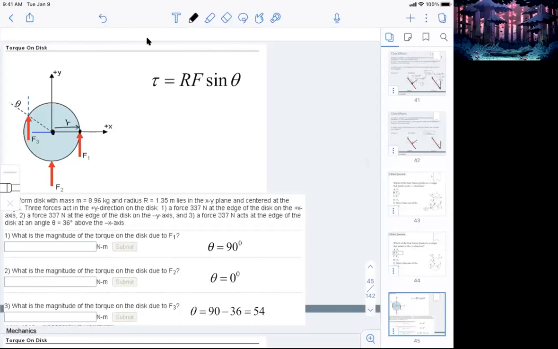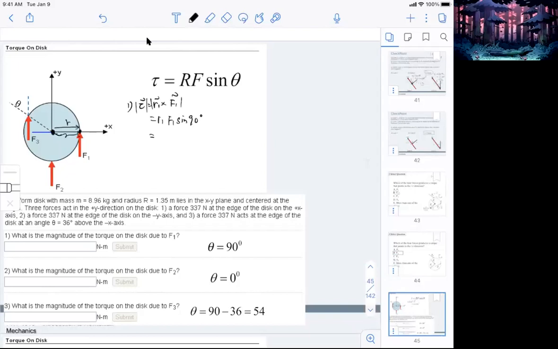For the first question, torque is R1 cross F1. If you want to look at the magnitude of this, it is going to be R1 F1 sine of 90 degrees because they're perpendicular, right? R1 is the radius, how long this is.